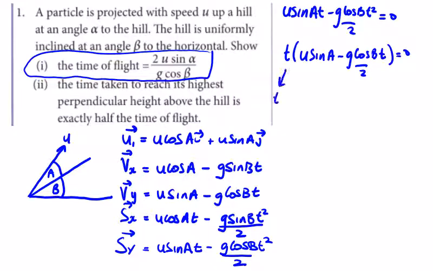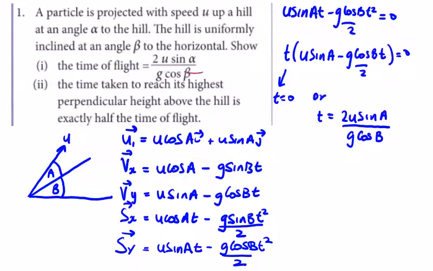So my initial t is equal to 0, or t is equal to 2u sine alpha, and we'd have to divide by the g cos beta that's attached to the t. So that's the time taken, 2u sine alpha over g cos beta, which is what we were asked to show up here.